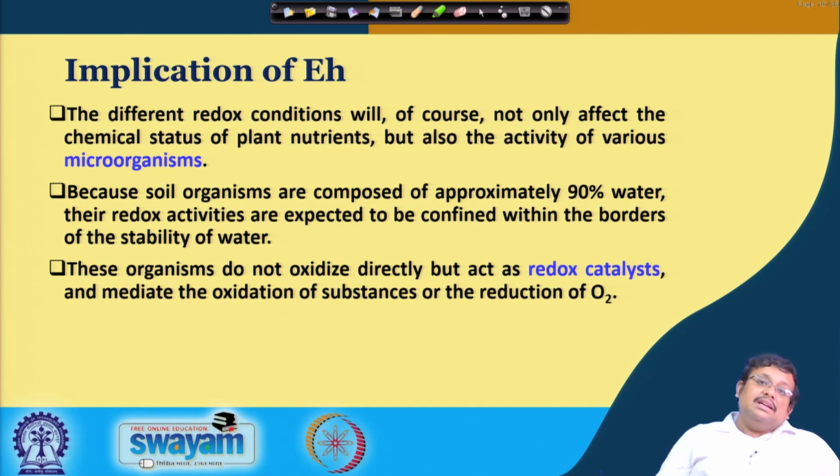So, obviously, not only the soil chemical reactions, but also biological activities are controlled by this redox potential. These organisms present in the soil do not oxidize directly, but act as redox catalysts, and basically mediate the oxidation of substances or the reduction of oxygen.